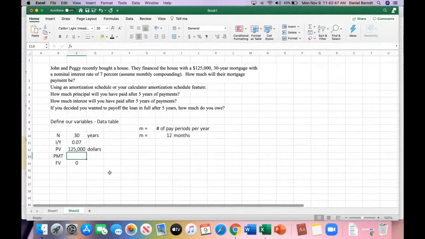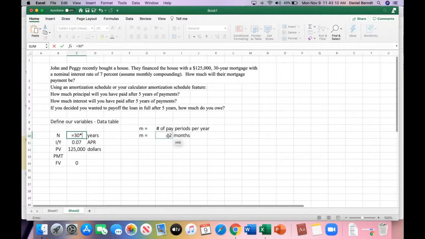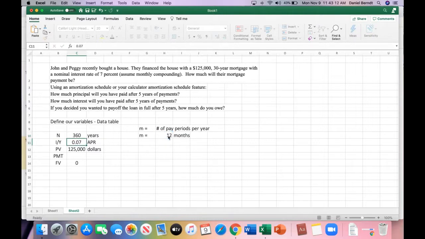So just like in the last problem, we have to make a couple of modifications because nominal interest rates are annual percent rates, and we're also given years, but then we're told that we're making monthly payments and to assume monthly compounding. So for N, I need to change that from 30 years. That's right, Tristan. We're going to multiply it by the 12 months per year, and that's going to give us 360 months or payments, okay?